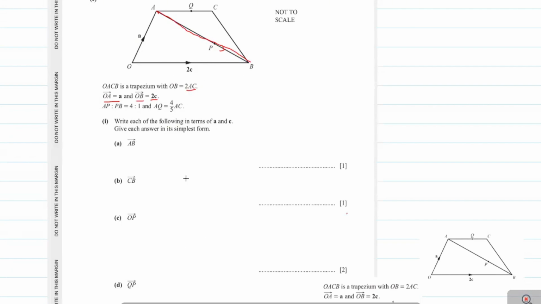Now we can write AB is equal to OB minus OA, and OB here is, look here, this is OB, and we can write this 2c, and OA is small a. Next we have to calculate CB.